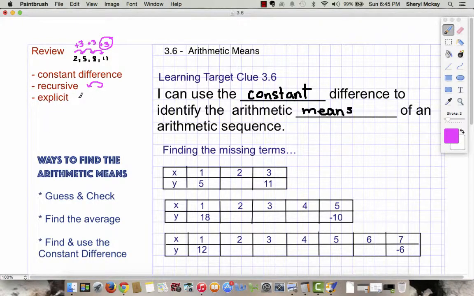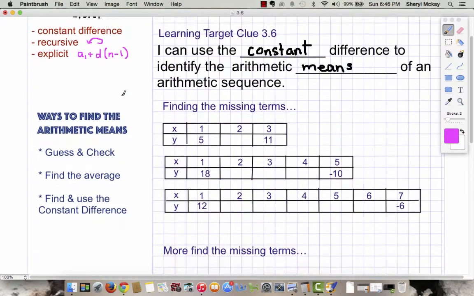And then an explicit says you don't have to know what the previous term is, as long as you know the first term and you add the constant difference a certain number of times, and it has to be n minus 1 times. So whatever term you're trying to find out, it's going to be that term minus 1, and then you multiply that times the difference and you add it to your first term, and that's sort of your equation for being able to figure out any term. So those are just some things that we've talked about, and we're going to be using those ideas as we move through this lesson. So let's go ahead and take a look at this middle section.